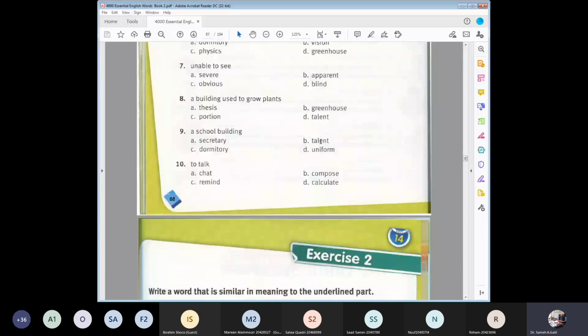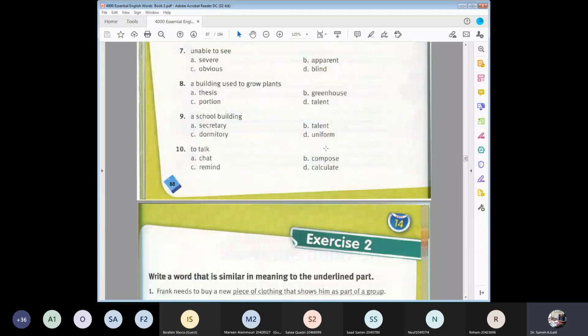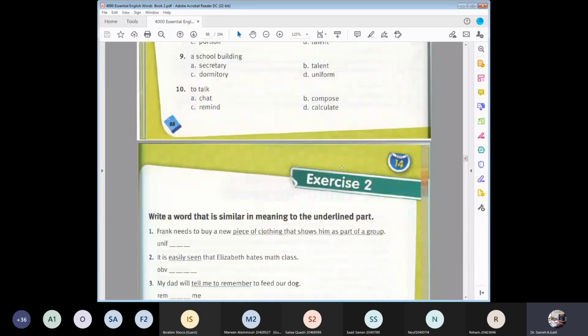Blind. Absolutely. So if you're unable to see, it means that you're blind, God forbid, of course. So 8. Greenhouse. So a building used to grow plants would be a greenhouse. Absolutely. 9.